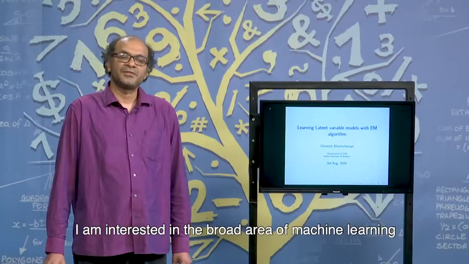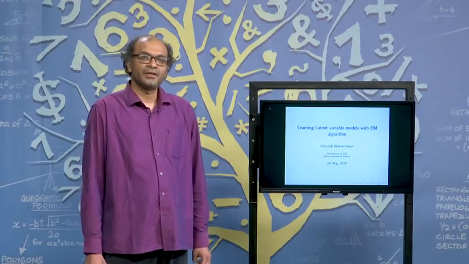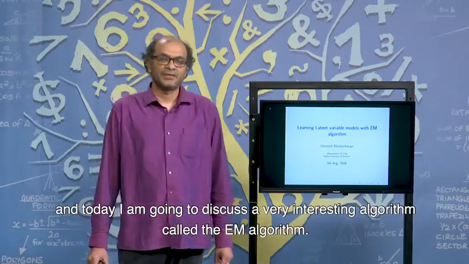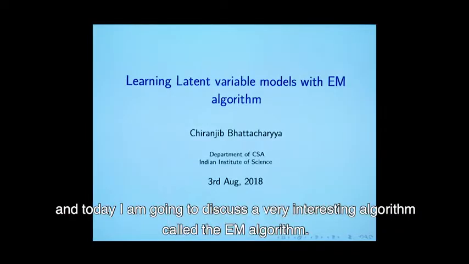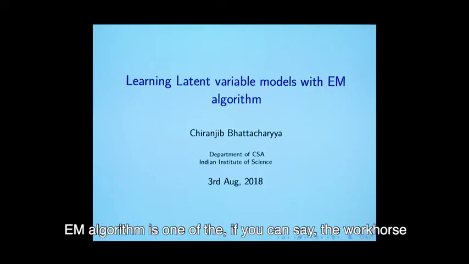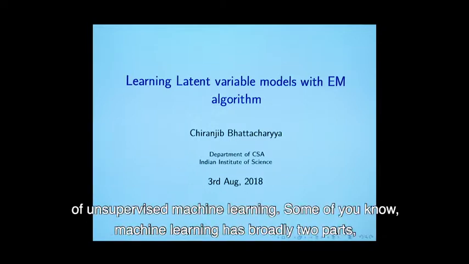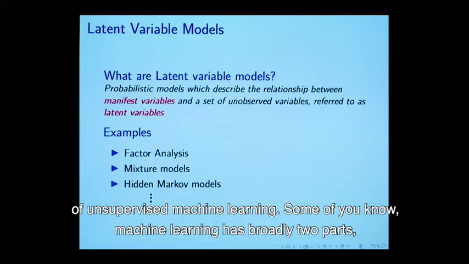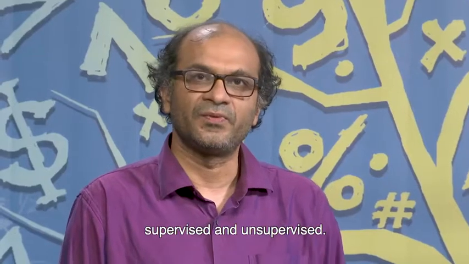I am interested in the broad area of machine learning, and today I am going to discuss a very interesting algorithm called the EM algorithm. The EM algorithm is one of the workhorses of unsupervised machine learning. Machine learning has broadly two parts, supervised and unsupervised.